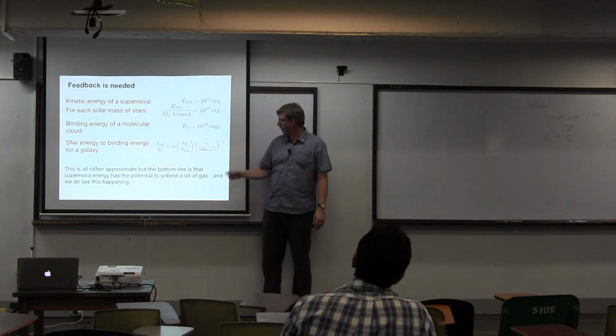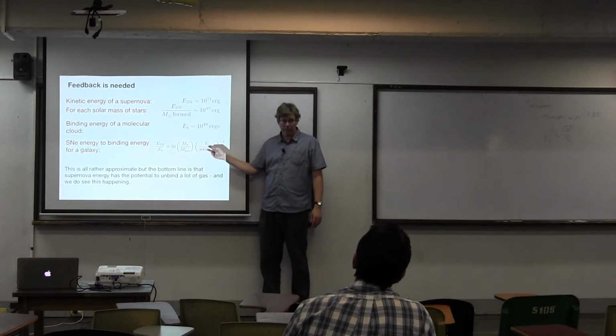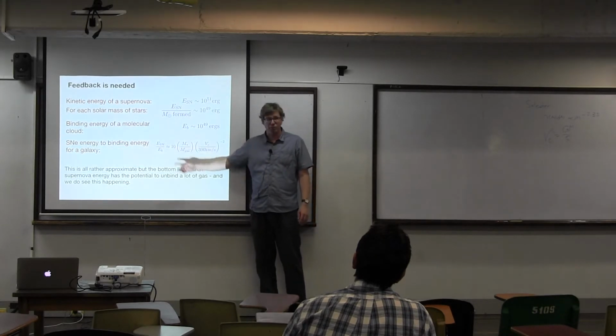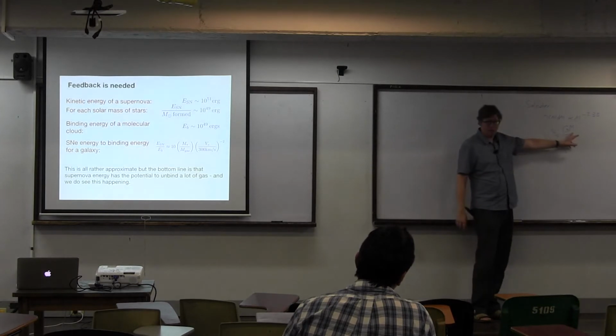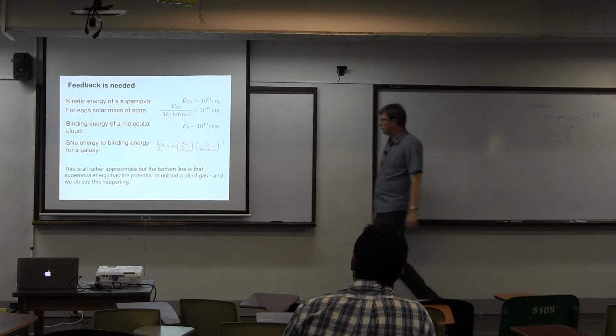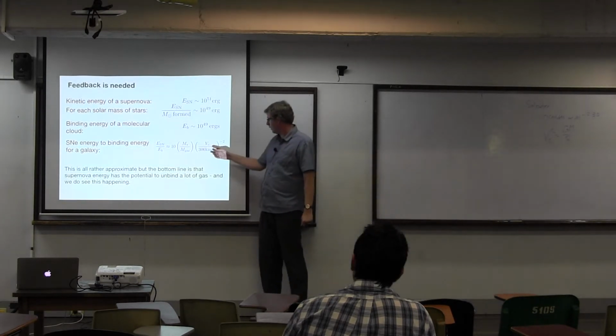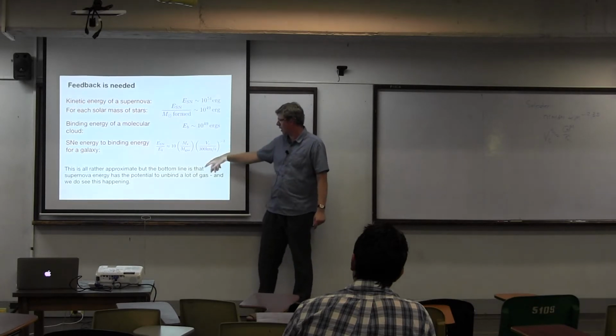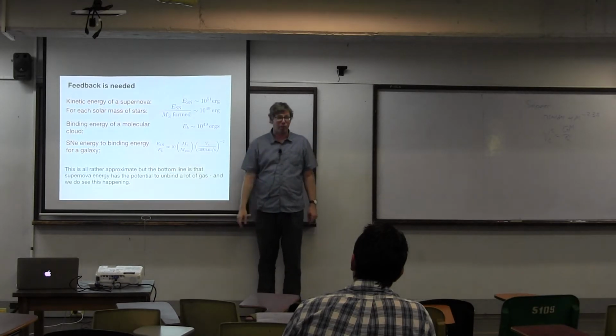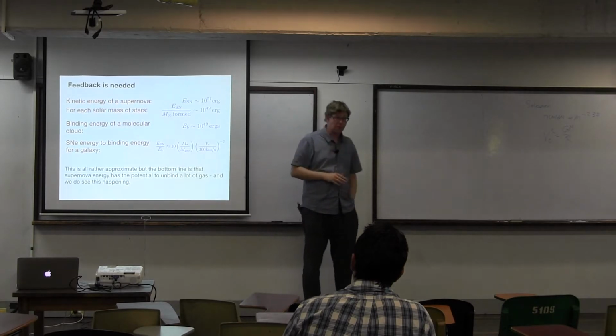If the galaxy becomes smaller and smaller, this becomes more and more important. So this goes up. When this becomes very small, this ratio becomes large, and the supernovae become more and more important. And that fits with the picture we saw before.